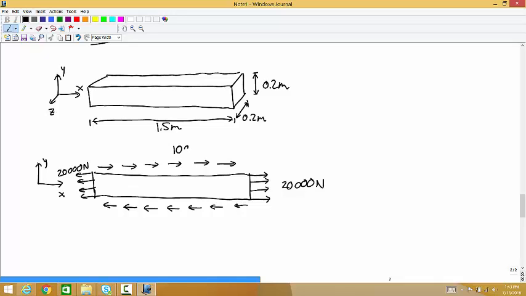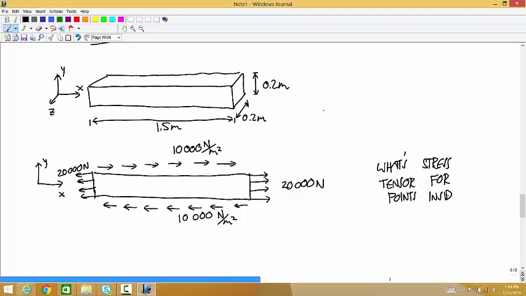So 10,000 newtons per meter squared and 10,000 newtons per meter squared. What's the stress tensor for points inside the body?